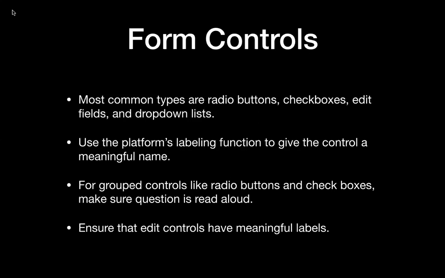Sometimes you have to get creative when you put the questions into the document, because if you wanted to read aloud, sometimes you have to play with where the question text is on the group of controls and on the control itself. You want to really try not to have the questions repeated several times as a person tabs through, maybe on the first one and the last one, and just as little as possible.